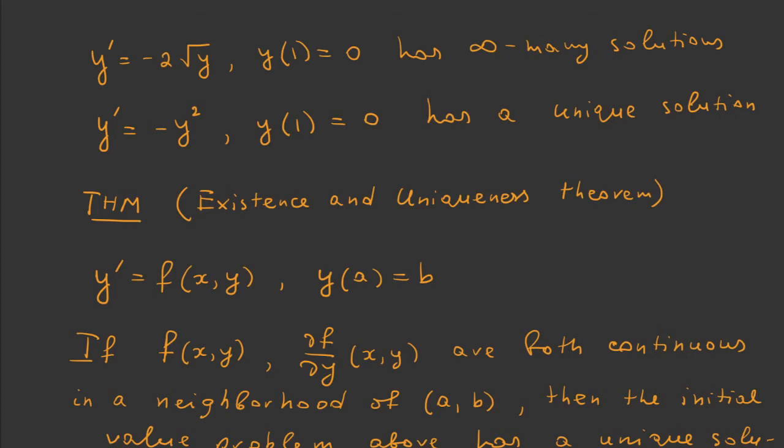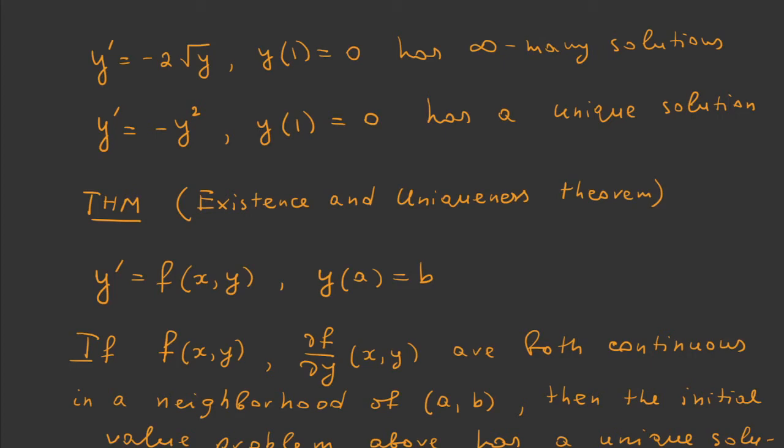Suppose we are trying to solve the initial value problem y prime equals f of x, y, where f of x, y is some function or expression in terms of x and y, together with the initial condition that the value of y at x equals a must equal b.